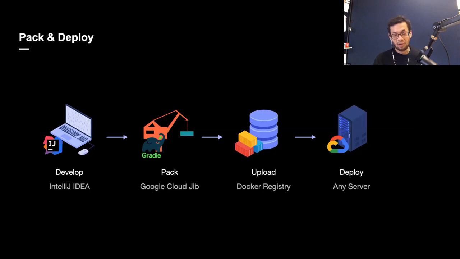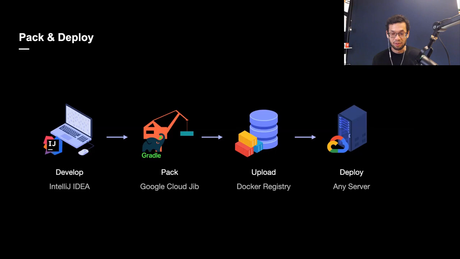We develop our source code in IntelliJ IDEA. Then we will use a tool called Jib that is developed by Google Cloud. It will help you generate the Docker container and put your application into the container, then it will also help you upload the Docker container to your Docker registry.